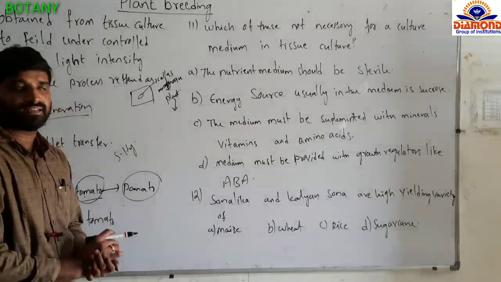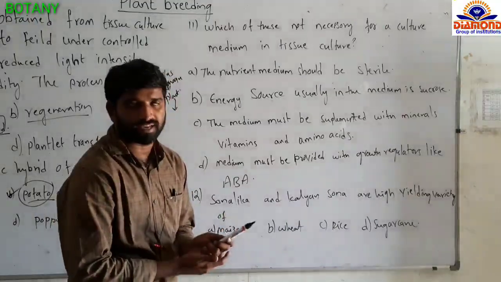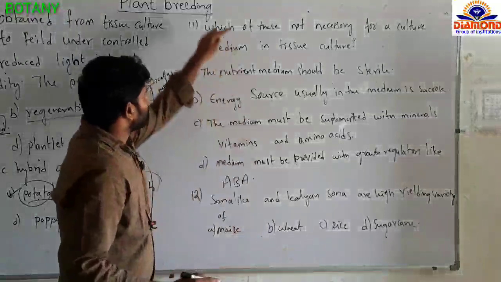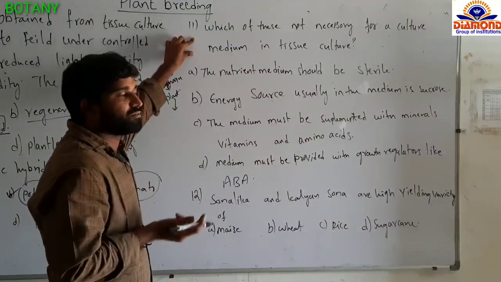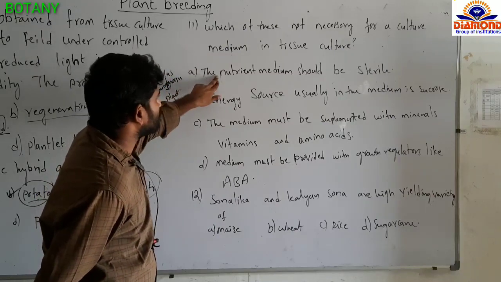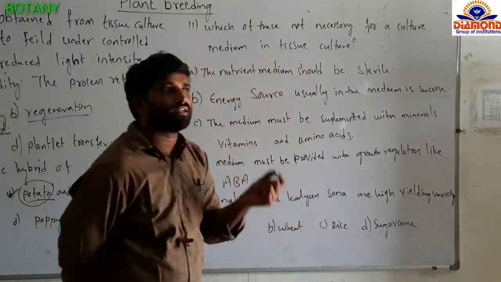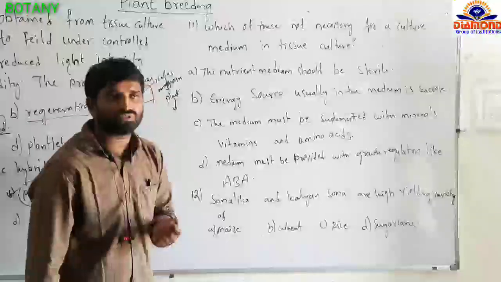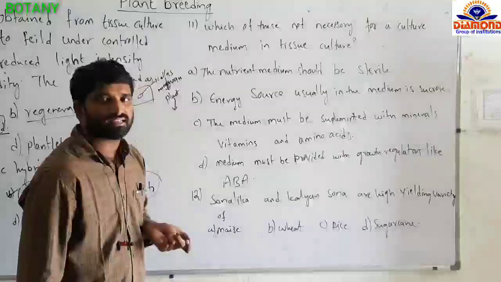Tissue culture is a mechanism we use to produce new plantlets within a short period of time. In tissue culture, the nutrient media plays a key role. To perform tissue culture, all the equipment we use and the nutrient media should be sterilized.